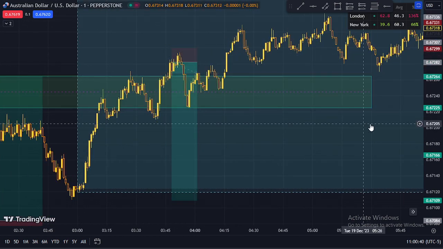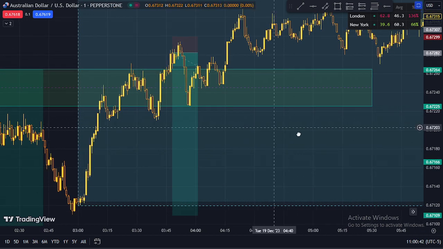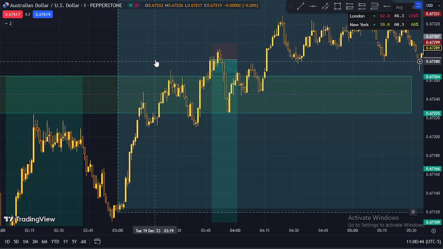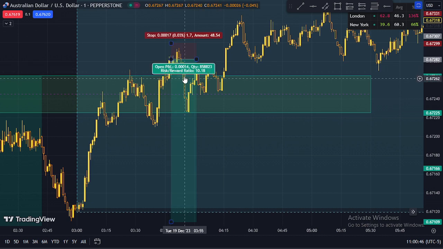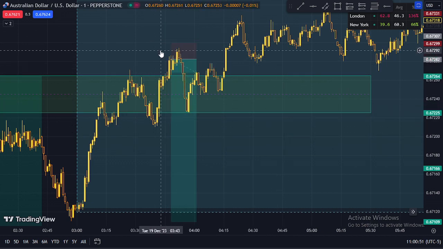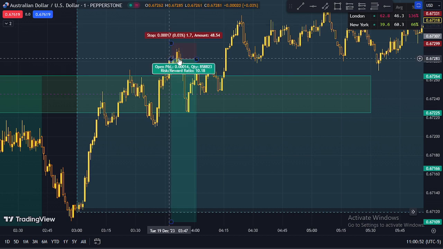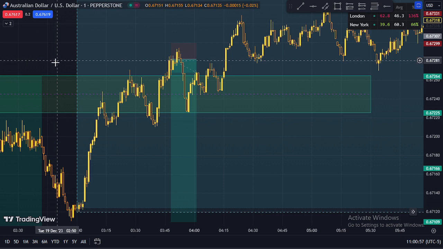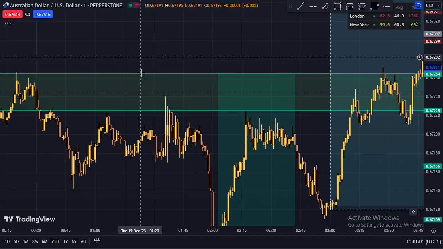So this was me going short, but it ended up being a losing trade. So we had this run high, taking out that high, and we had already taken out the buy side, as you can see.